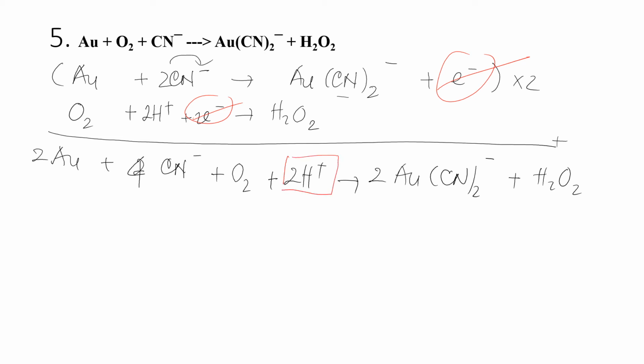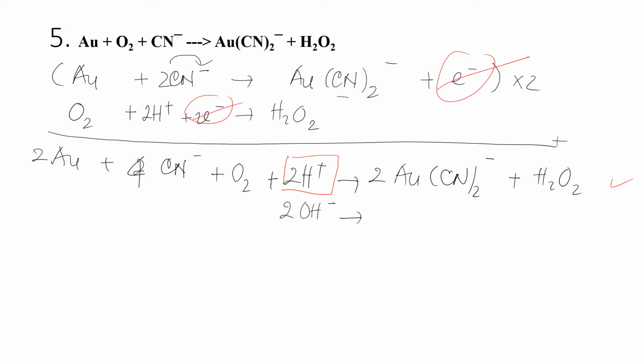Because this is in basic condition, then the next step, the addition step, after we balance by the method the same as in acidic condition, then we add, because we have 2H plus, then we add on both sides the number of OH minus the same as the number of H plus.